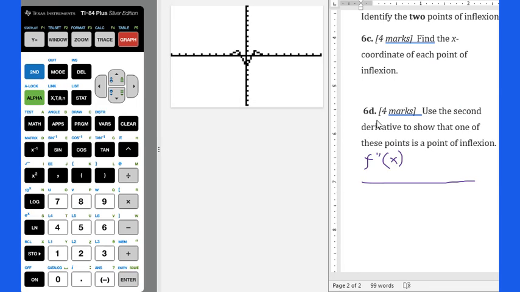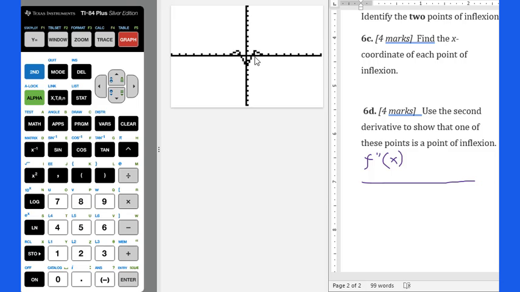Now let's go to 6D. Use the second derivative to show that one of these points is a point of inflection. We know a point of inflection has to satisfy 2 requirements. First of all, the second derivative equals 0. Secondly, there is a sign change for the second derivative at that point.